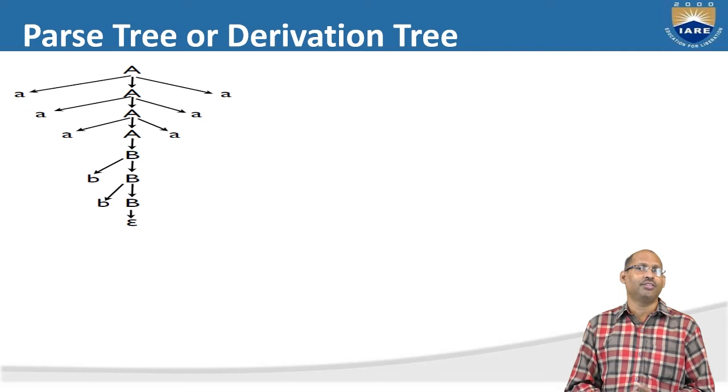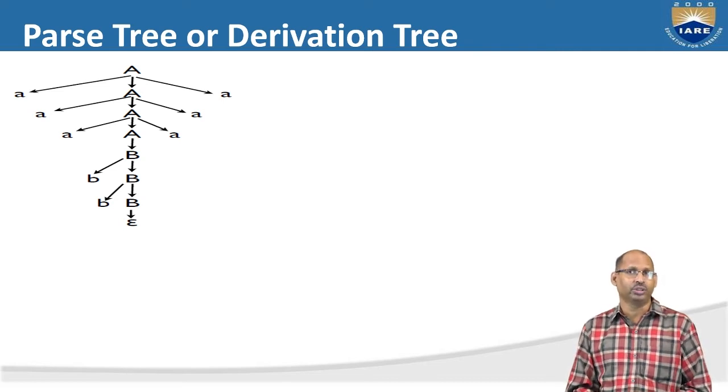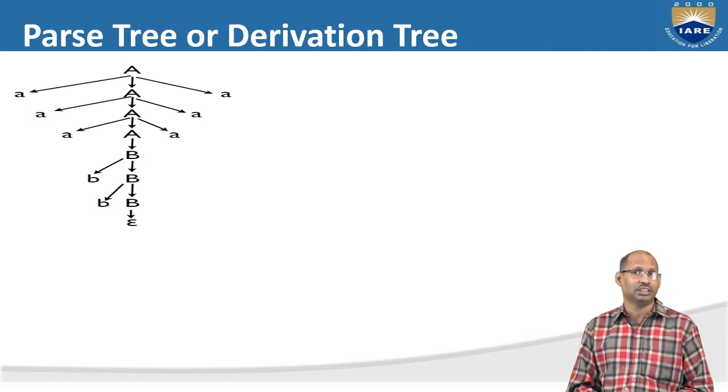Right? Here, the first one, A, is the root. The root is replaced by the first production A. Once again, we replace it by the first production. Right? Then once again, we replace with the first production. So 3 A's, capital S, 3 B's. Then we replace by the second production.